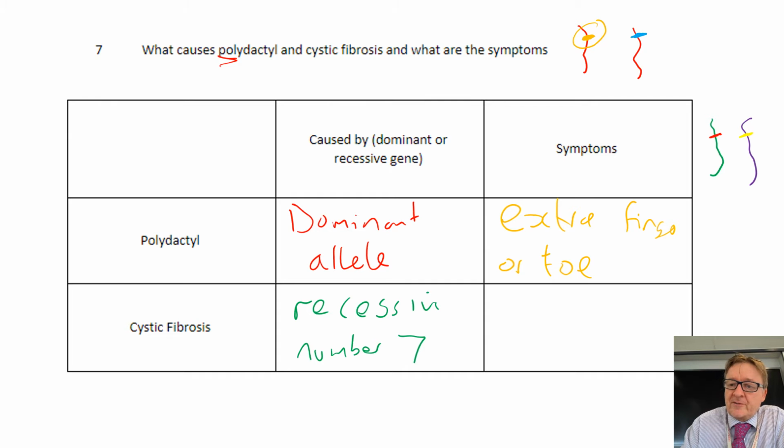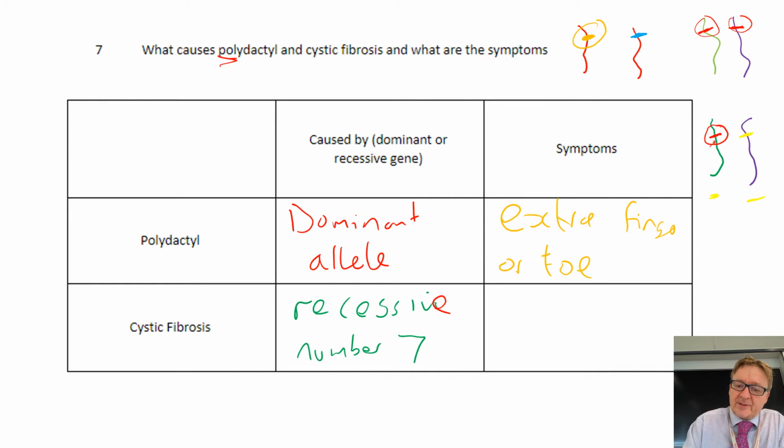So if dad has given you the non-cystic fibrosis, and mum has given you the cystic fibrosis, which is the red one, you don't have it because the red cystic fibrosis chromosome is recessive. The way you do get it is if mum gives you the recessive and dad gives you the recessive, then you do have it. These two different versions of the same chromosome are called alleles.